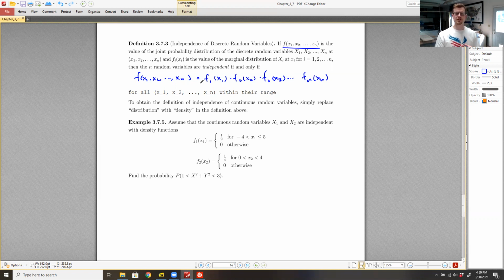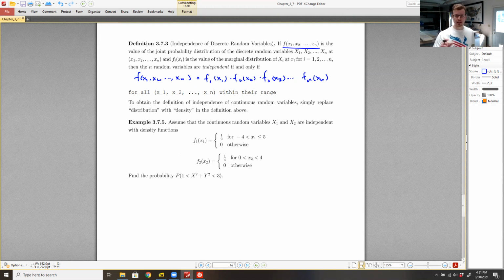So we're going to consider the continuous case where we have continuous random variables x1 and x2, and we're going to assume that they're independent of one another, and we have their individual density functions given here in this example. Okay, so there are their individual density functions. And we want to find the probability that x squared plus y squared is between 1 and 3.